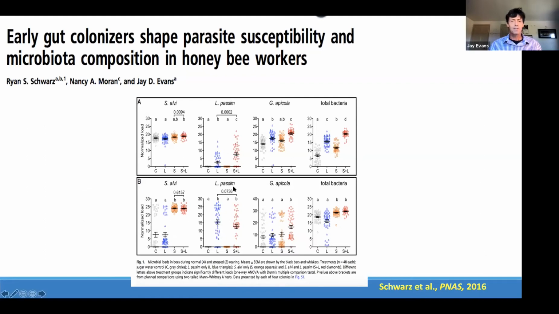However, when we did these mark recapture studies and put them in a more natural environment, the opposite happened. Bees, given this one bacterium at a young age as they emerged, actually were far more susceptible to the parasite later on, over a week as they developed outside in a colony.